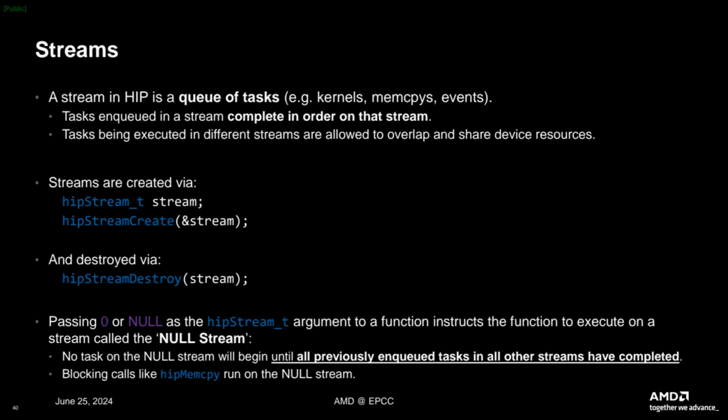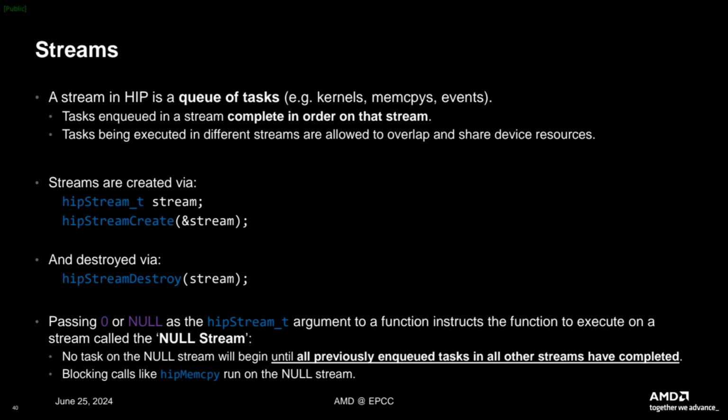And tasks in a stream are enqueued in the order they're received. So if in your code you have kernel launch 1 and kernel launch 2, then in the stream, you're going to have kernel 1 first and kernel 2 second. And these are the API calls that allow you to create or destroy the streams.